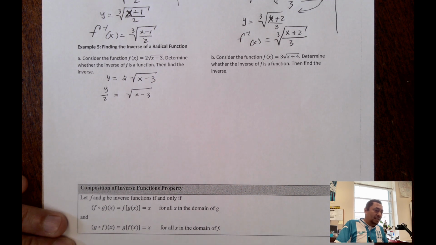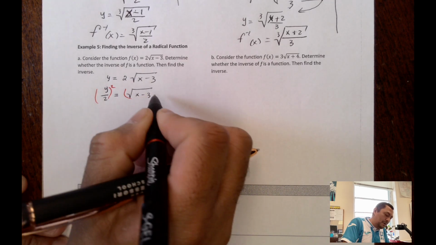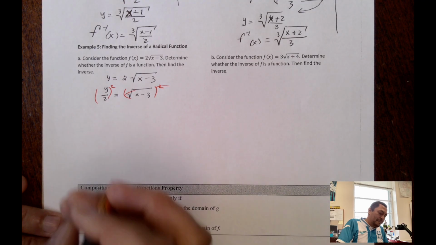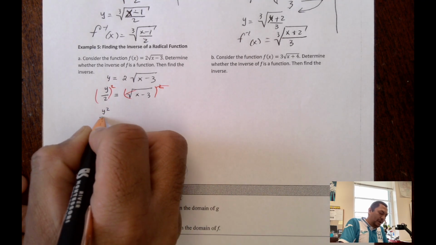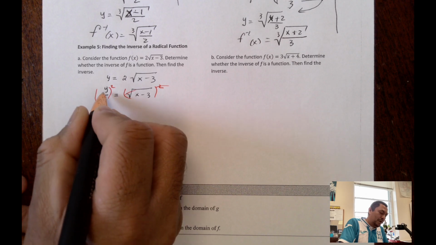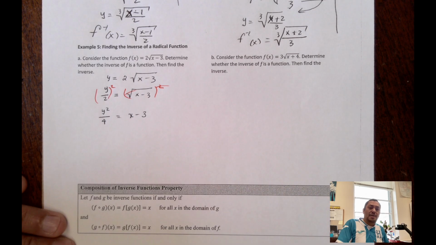Now we raise both sides of the equation to the second power to get rid of that square root. So these two go away. So I have y squared over 4, because 2 to the second power is 4. y to the second power is y squared, equals x minus 3.